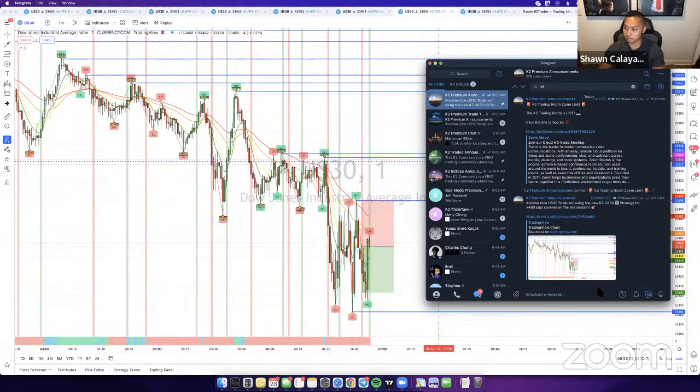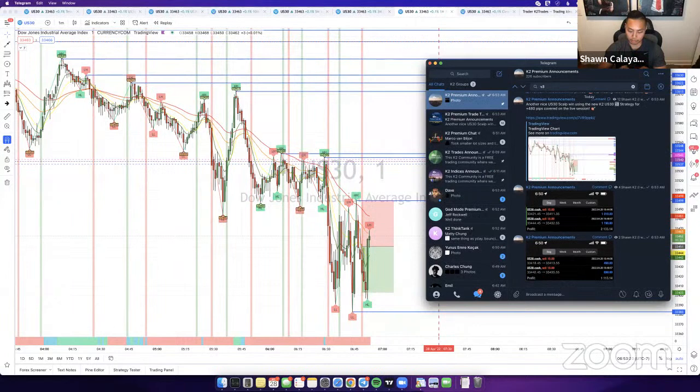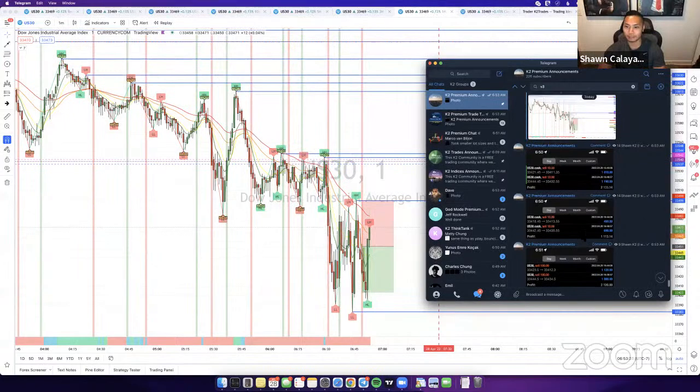I don't know what's going on with this. Let me show you guys real quick. It's a huge discrepancy. I'm like 1,000 in profit in all my accounts except for TFF. I couldn't even get partial profit.